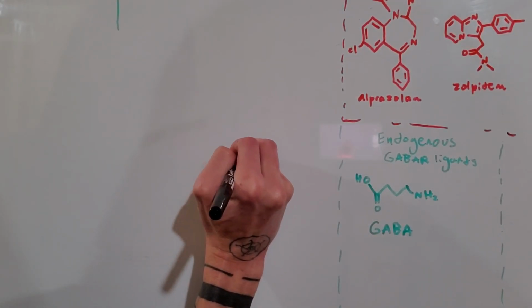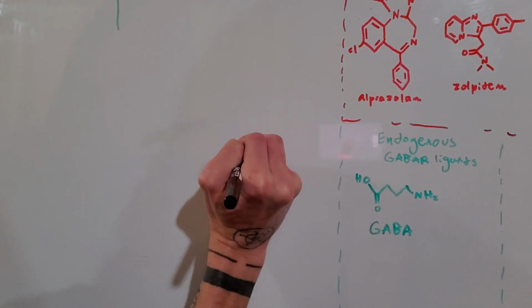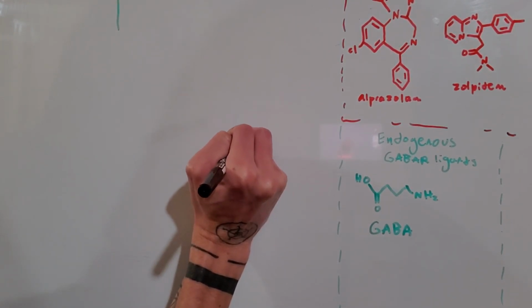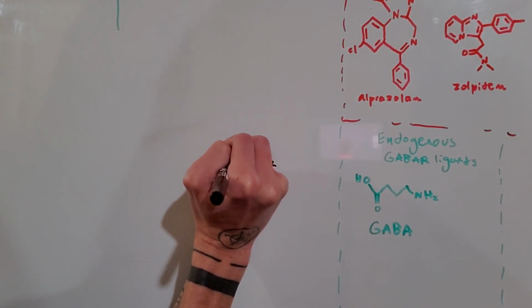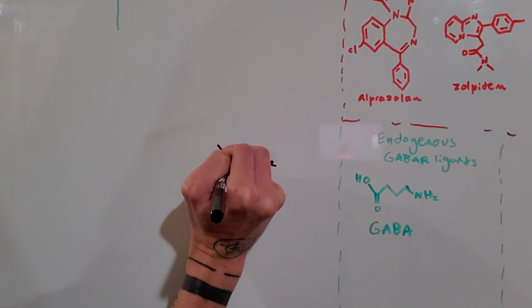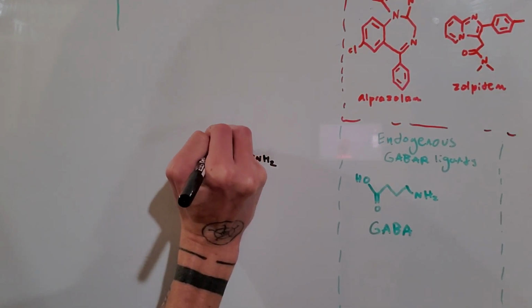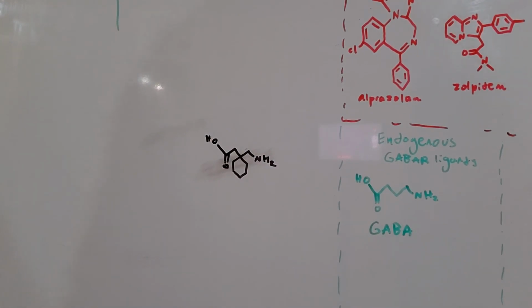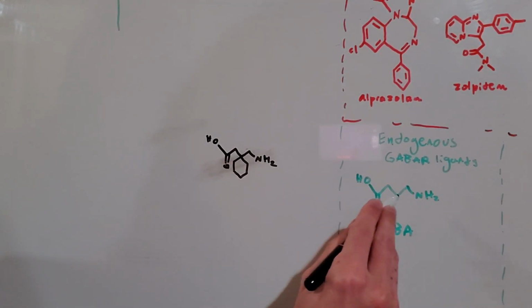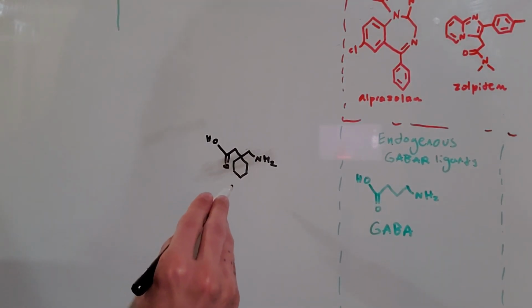So if you have gabapentin, it has many of the same qualities as GABA, gamma aminobutyric acid. It closely resembles the naturally occurring amino acid GABA. You can see the structure of GABA in the structure of gabapentin.